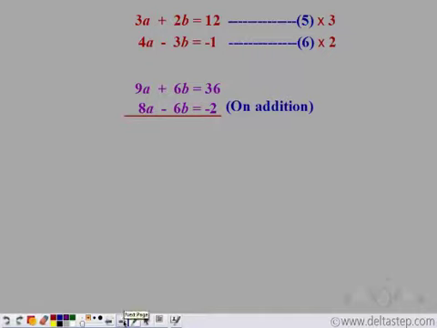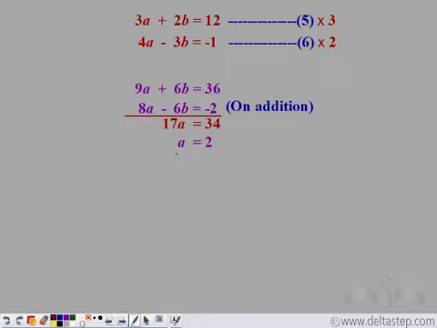So let us add these two equations. 9a plus 8a gives us 17a. 6b minus 6b gives us 0, equal to 36 minus 2. This gives us 34. So we get 17a is equal to 34. Now a is equal to 34 by 17, that is 2. So we get a is equal to 2.